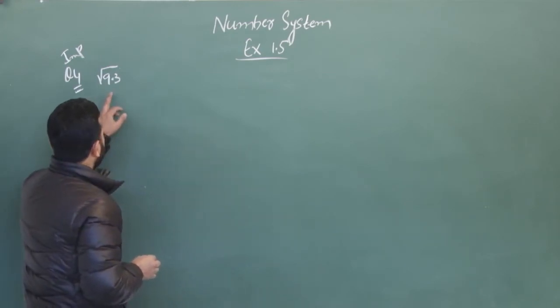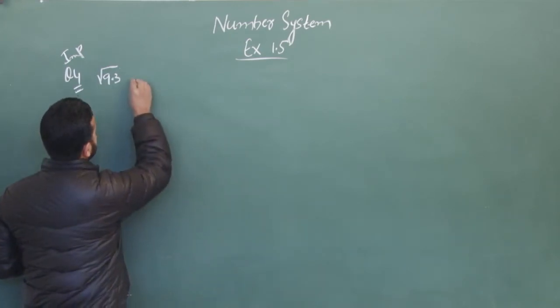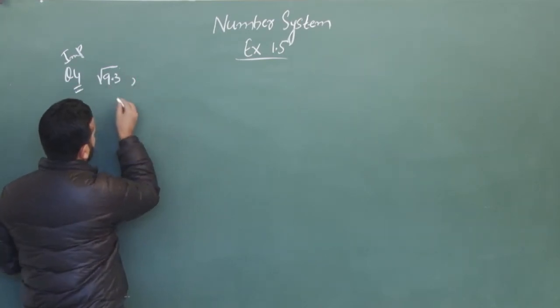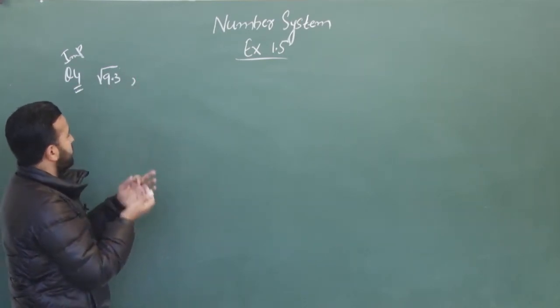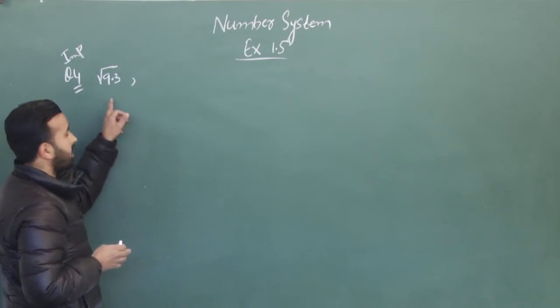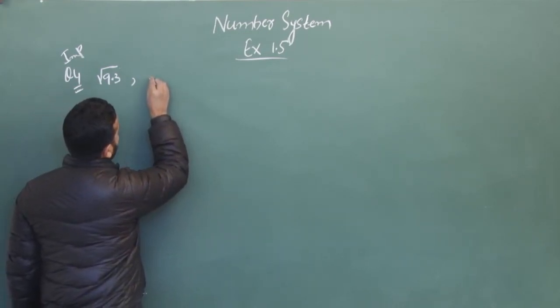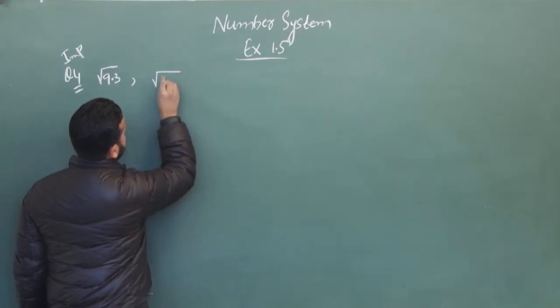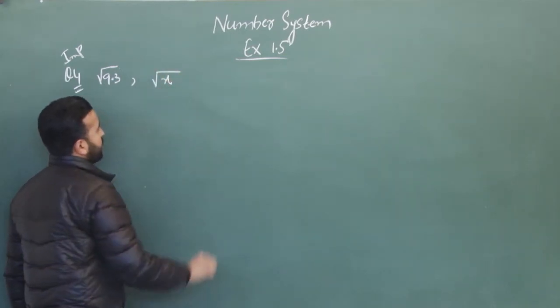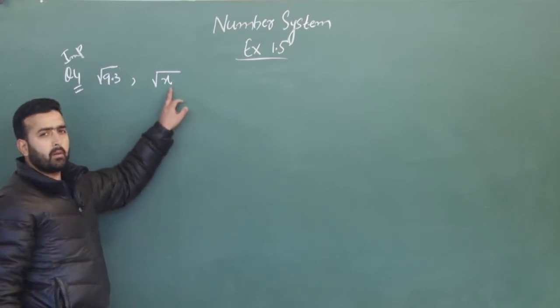Before going into detail on under root 9.3, let us first see how we can represent a number of the form under root x. This x can be any number.